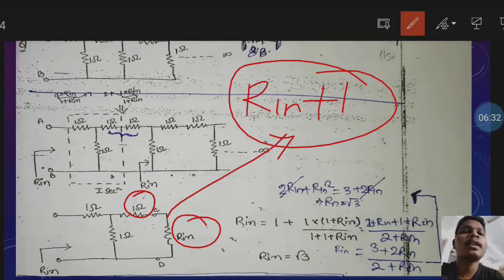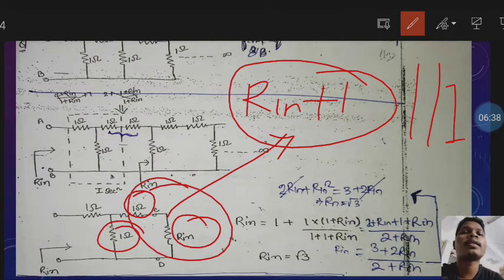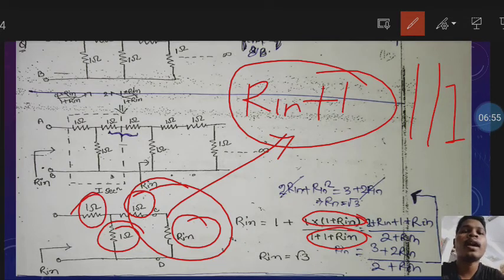Okay, and that is in parallel with the 1 ohm, so we take the parallel with this resistance, that means 1 into (1 plus R_in) divided by (1 plus R_in). Okay, so after getting the parallel equation, then 1 ohm is left here, so we need to add that 1 ohm also, so we are adding here 1 ohm.